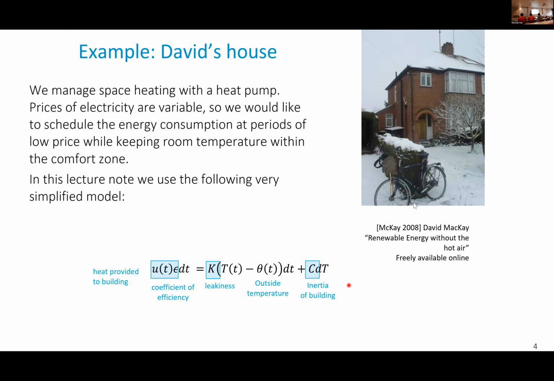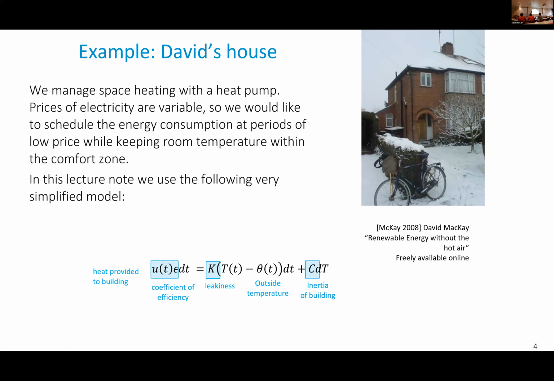So I took this model from his book, and we have a model of this type that says that if I, at a given time t, inject into the house some amount of energy, for example, I have a heating system, what I inject is not just U of t, but is U of t multiplied by the coefficient of efficiency.